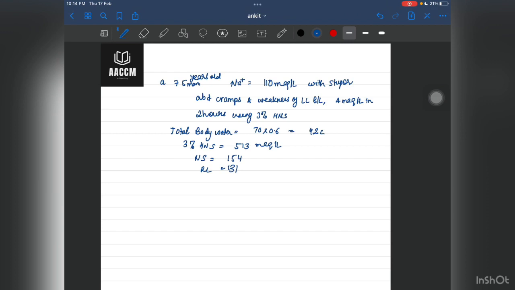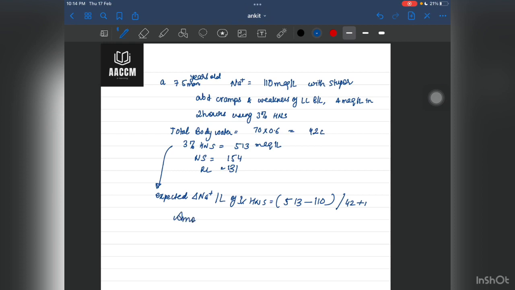Okay, now we're using hypertonic saline, right? So we can see the expected change in sodium concentration per liter of 3% hypertonic saline, that is 513 minus the given value here, 110, using the Adrogue-Madias equation, divided by 42 plus 1. This will come to 9.3.